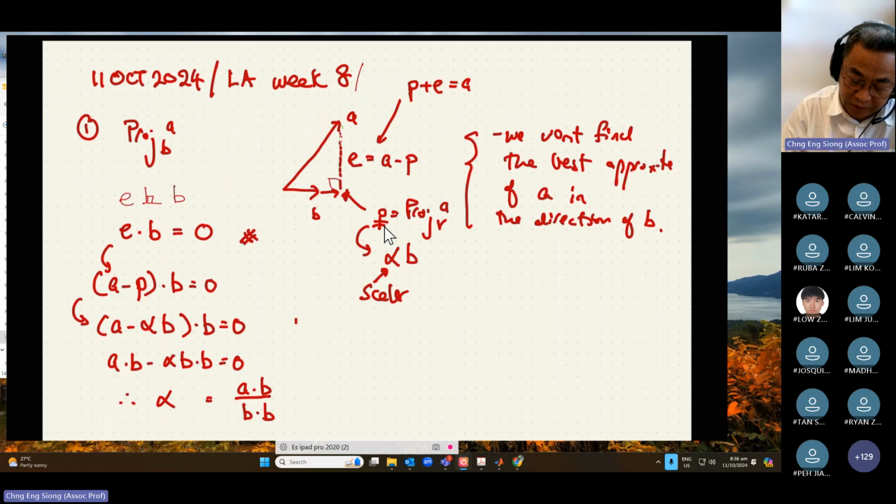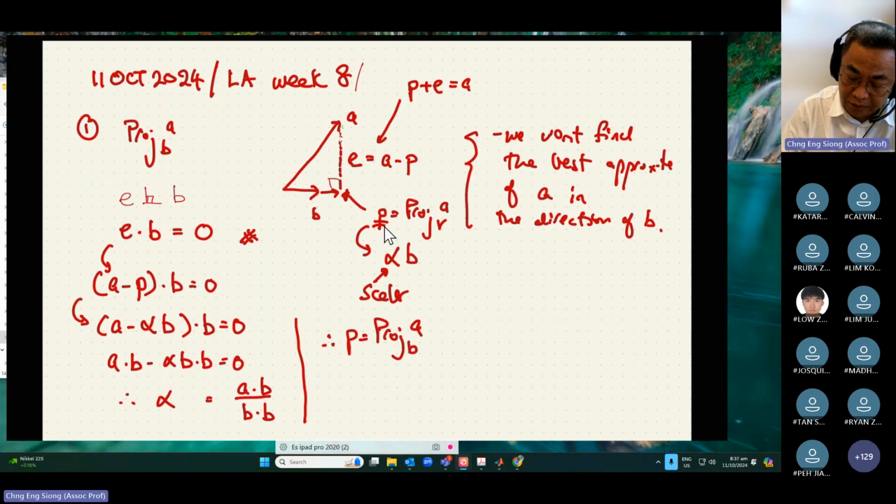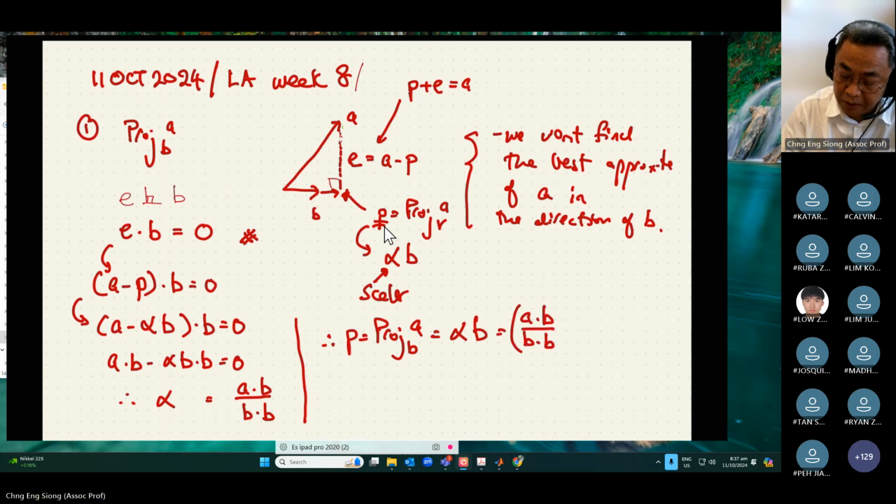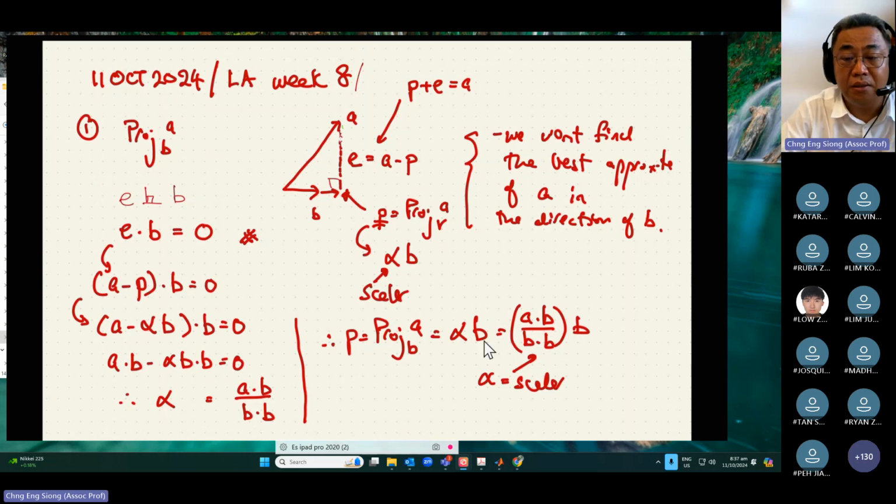Therefore P, which is the projection of A onto B, is some alpha times B, which is A dot B divided by B dot B. This is the alpha, and alpha is the scalar times B. That's where we get this equation. And we now know how to project A onto a line B.